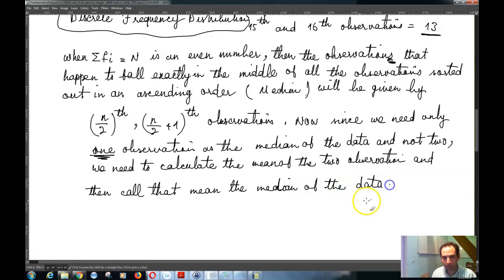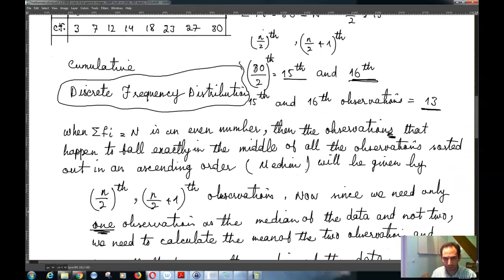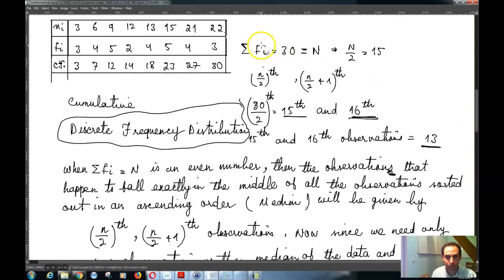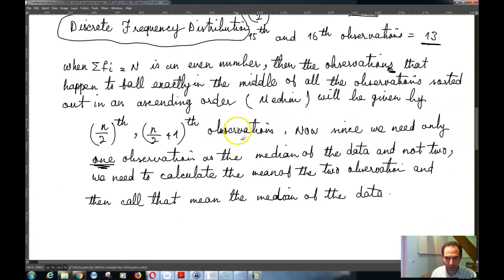So what that means is that, since your sigma f of i is an even number, you get the n divided by 2th observation and the n divided by 2 plus 1th observation, which would be 2 observations here. And of course the median of your data needs to be only 1 observation, not 2, meaning that you have 1 median, not 2 medians.